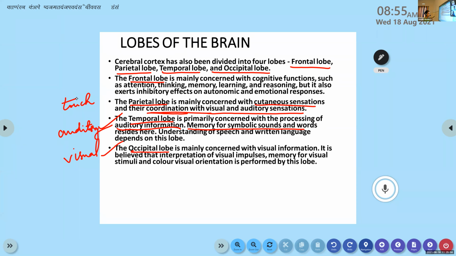And as I told you, all these functions are not completely dependent on one particular lobe. They are like classmates, or team members of a project group.